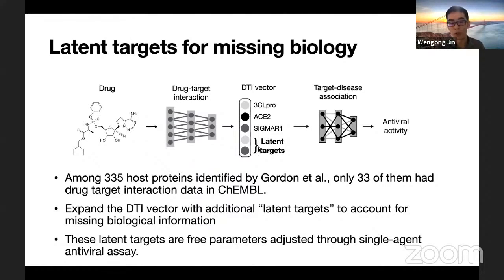At this point, these will not correspond to any specific biological targets, but we will show later that these latent targets are found to be associated with some biological targets that are actually relevant for SARS-CoV-2.